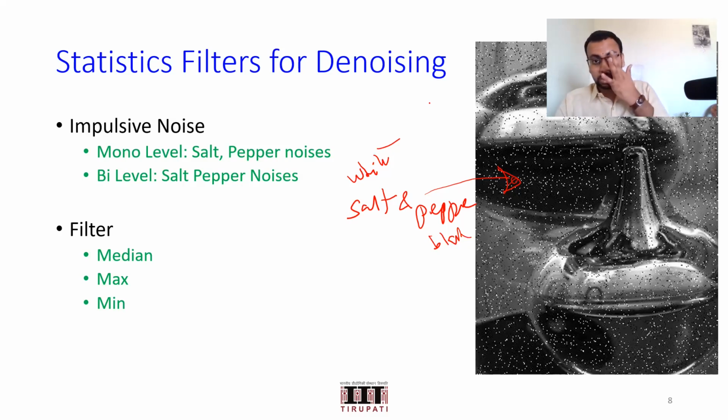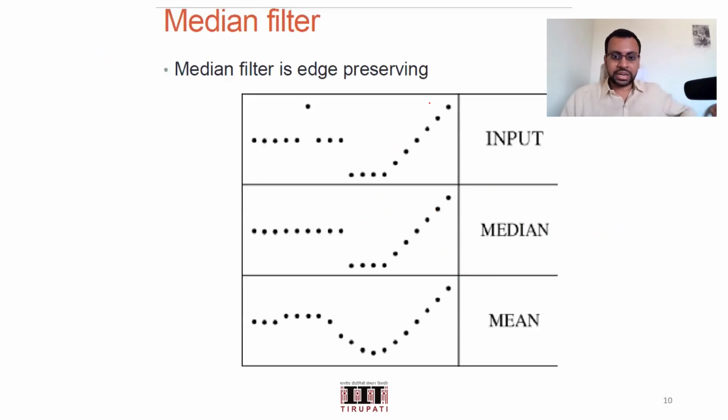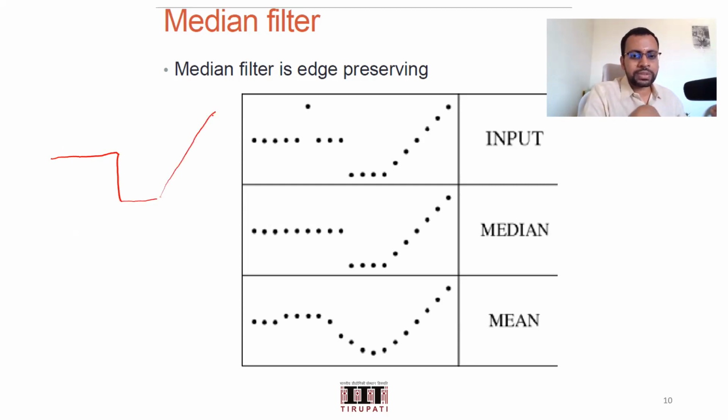It is quite possible. So now suppose salt got added to an image. Ideally you were expecting perhaps a profile like this when you take one row of your image, discretized at some points like this.